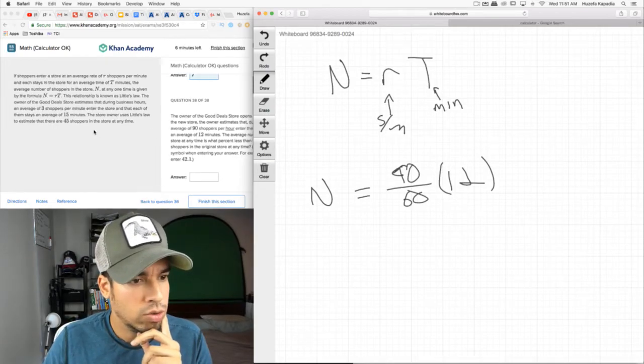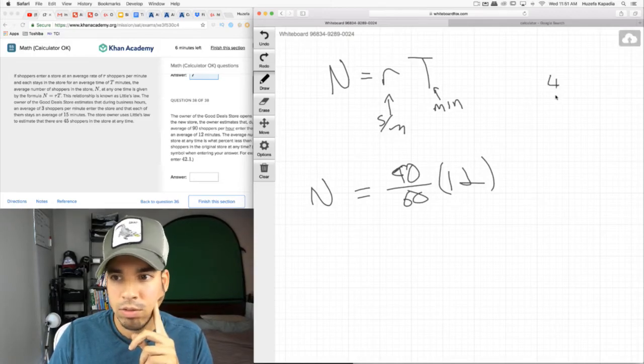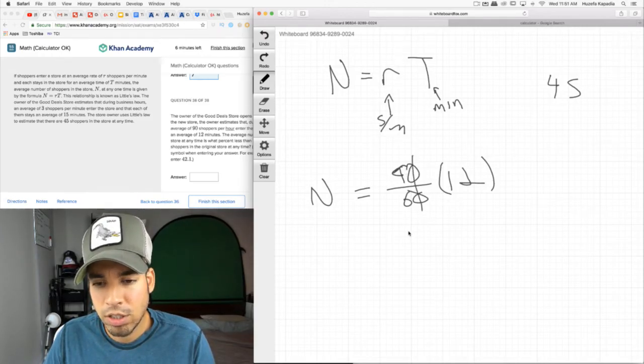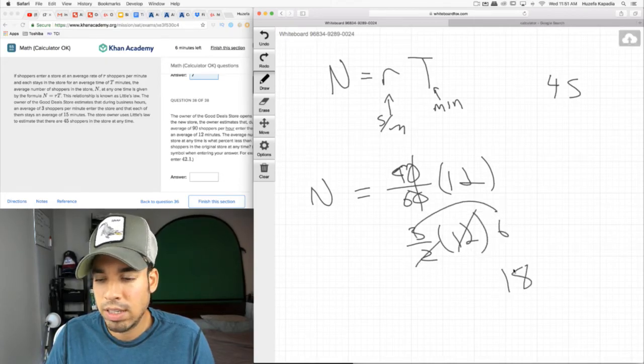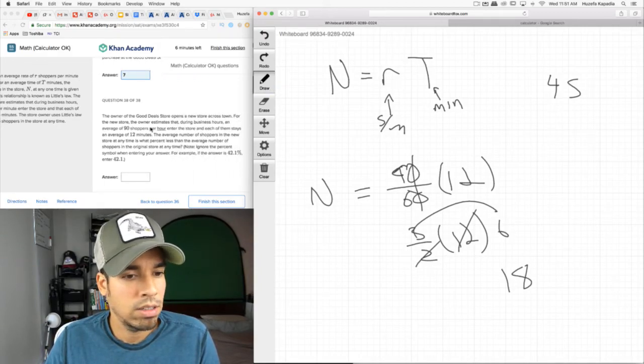So the original store was 45, right? I think it was 45. And then this one is 90 over 60, which is 9 over 6, which is 3 over 2, times 12, which is 6, which times 3 is 18. So what % less?